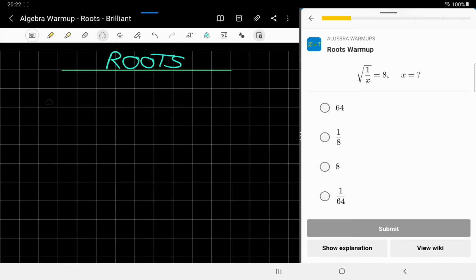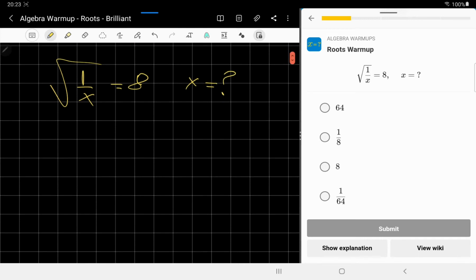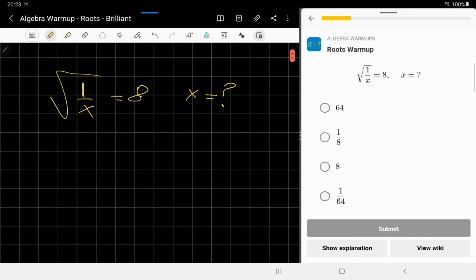So we have the square root of 1 over x equals 8, and we're being asked for x. All right, so how do we go about it? Well, one of the ways is to square both sides.